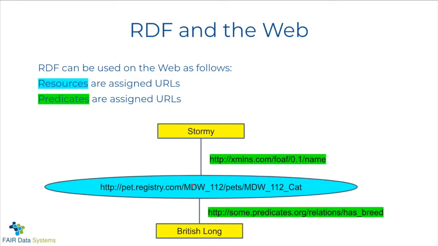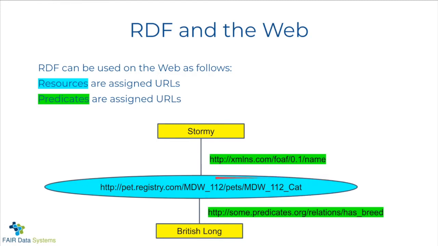And then the predicate I pick from a popular vocabulary called FOAF, which is friend of a friend, and they have the name property. And then I invented this one, but I could probably look up something similar. So I invented one called hasbreed and made it into a URL. Normally you wouldn't invent, but this is just for demonstrative purposes. So this is what my cat looks like in its RDF representation on the web.